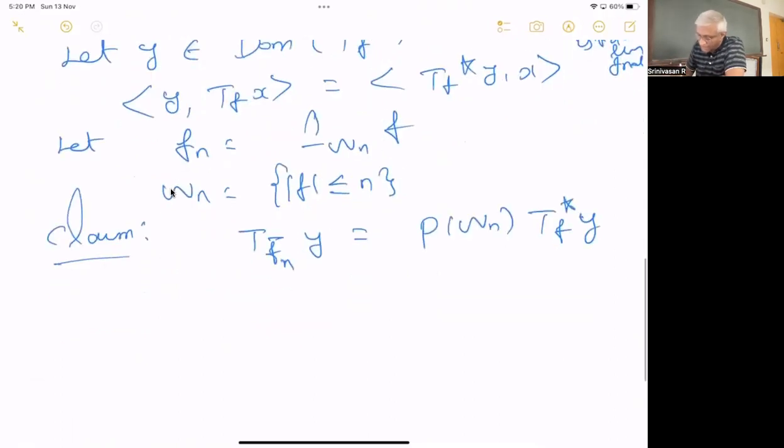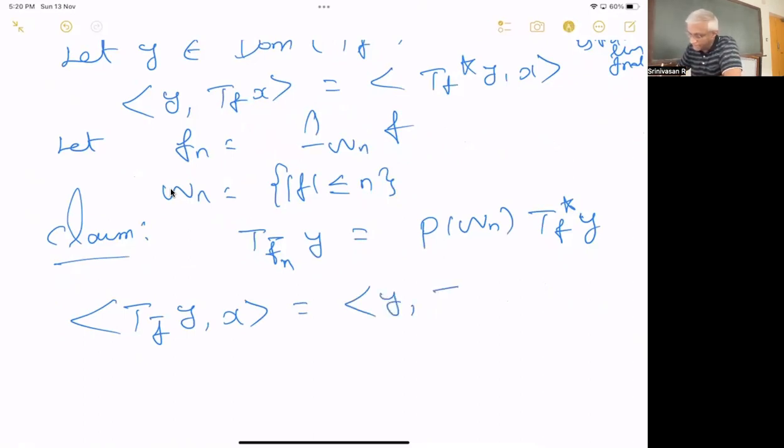To prove this claim, I have to prove that this is true for any x. When you take the inner product with any x, I have to prove that both sides are equal. That's what I have to prove. I take T F n bar y. T F n bar is a bounded operator, so its star is T F x.